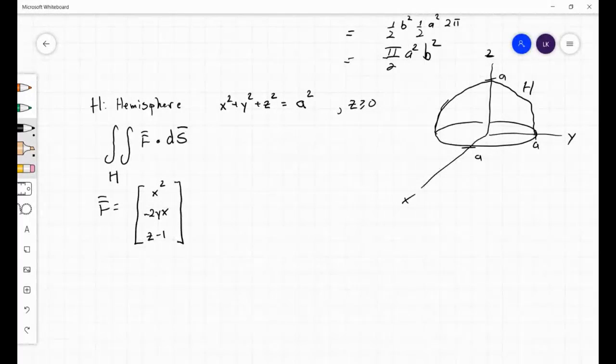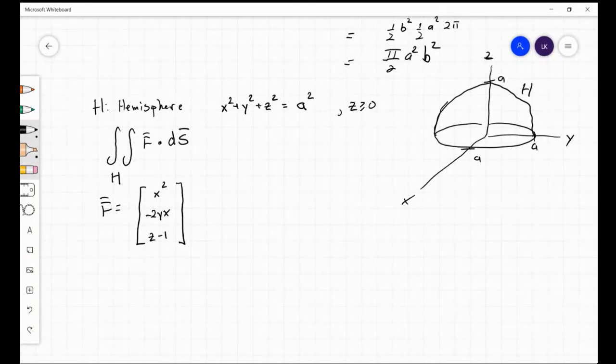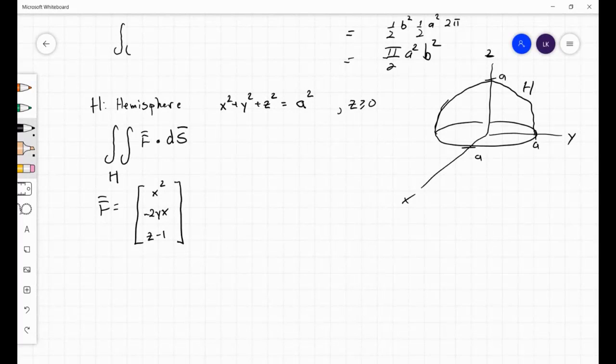Right, so remember that divergence theorem says that the flux integral over a closed surface, the surface is enclosing a three-dimensional region.